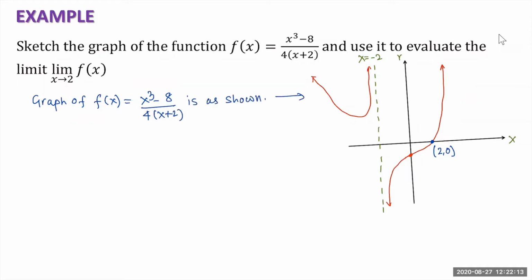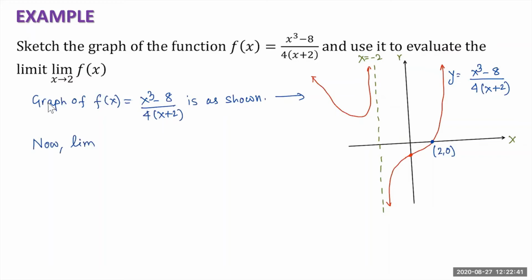This is the graph, y equal to x cubed minus 8 over 4 times x plus 2. We are using this graph to find the limit as x approaches 2. In order to find the limit when x approaches 2 of f of x, we have to find the limit when x approaches 2 from the left and also from the right. So now let's do this.